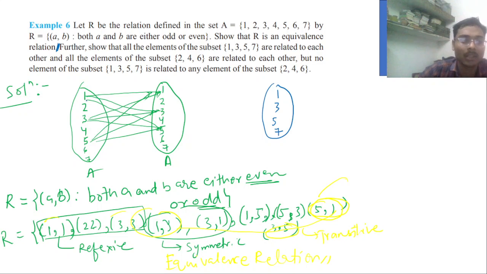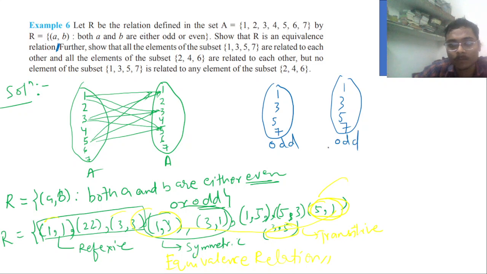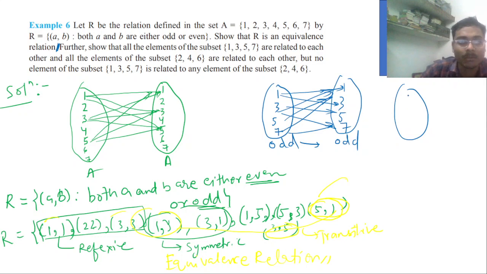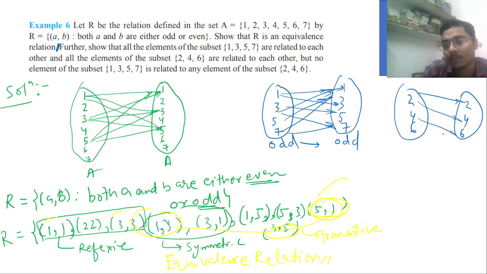In the earlier question they explained that 1, 3, 5, 7 are odd. According to the relation, we have considered only odd to odd. Similarly 2, 4, 6 are even, and we have considered even to even.